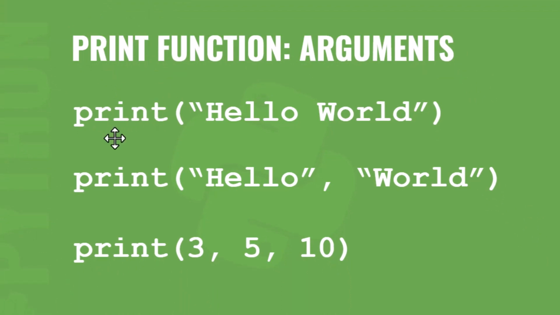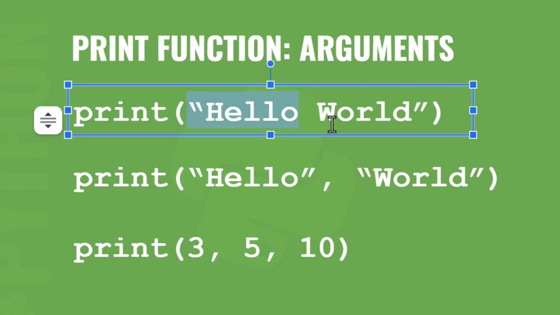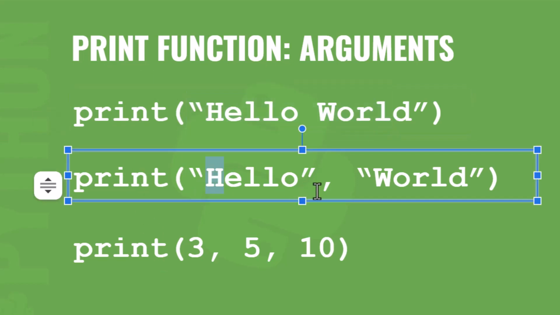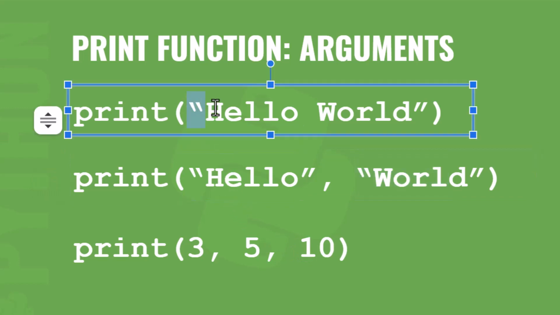Now, notice I have 3 print functions, and one has hello world, the other one has hello comma world, the other one has 3 comma 5 comma 10. We call these things arguments. Whatever you put inside of a print function, this is a string and it's going to print out hello world, and this is one argument.